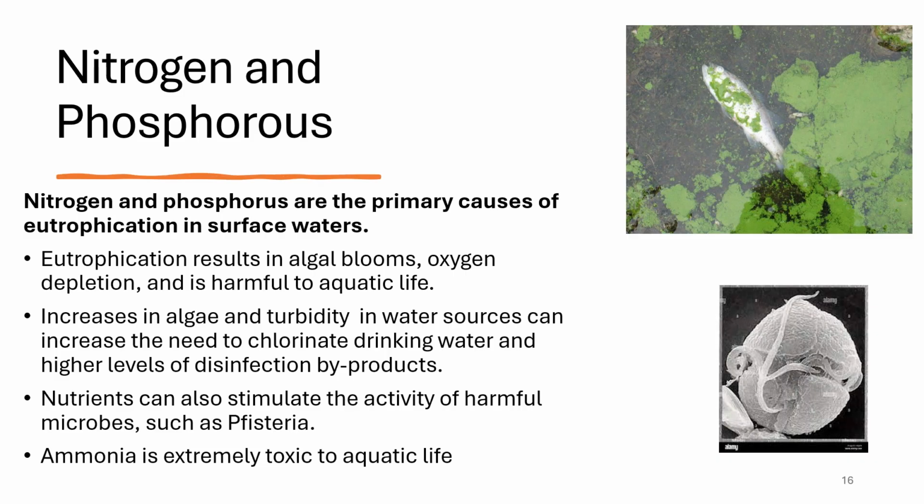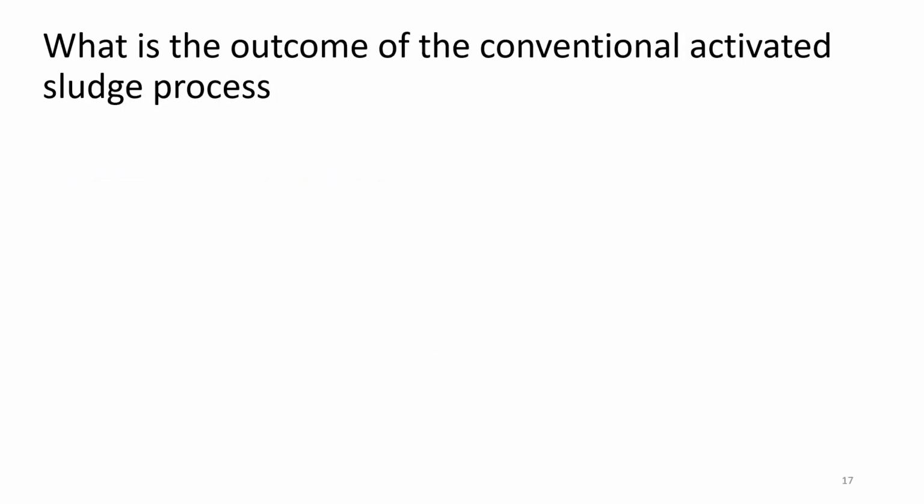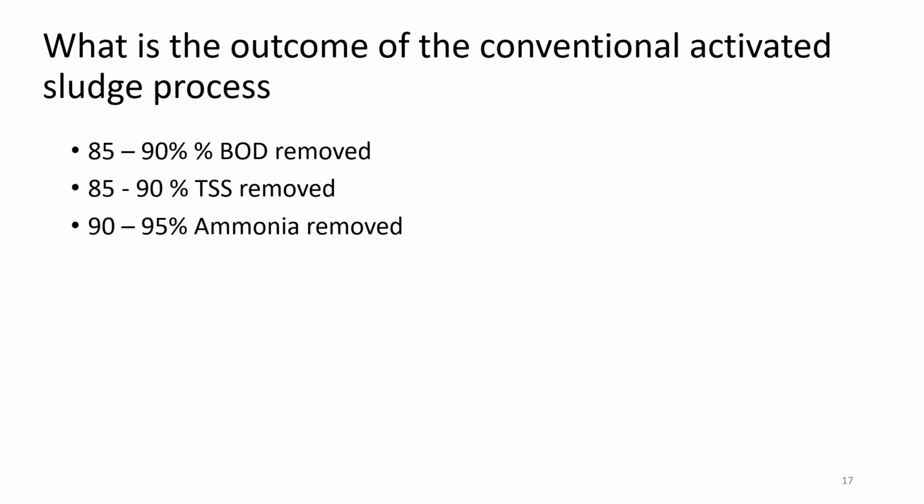And finally, another issue that we're also dealing with is that ammonia is toxic to aquatic life. And so most of our treatment plants that aren't optimized for nutrient removal will already be oxidizing ammonia. But a lot of times we don't remove total nitrogen or total phosphorus.